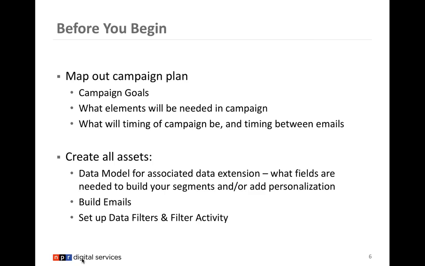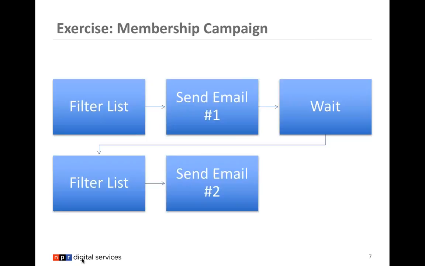And then if you want to do any kind of filtering within the process, you need to set up what the system calls a filter activity, and I'm going to dive a little into that so you can know what I'm talking about.